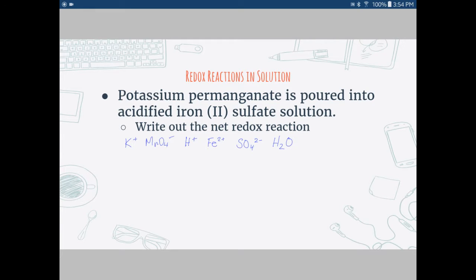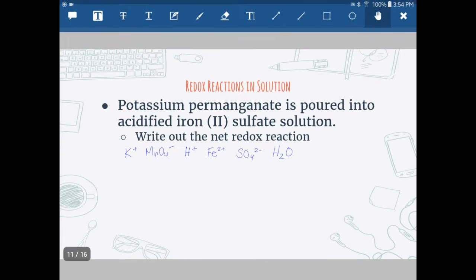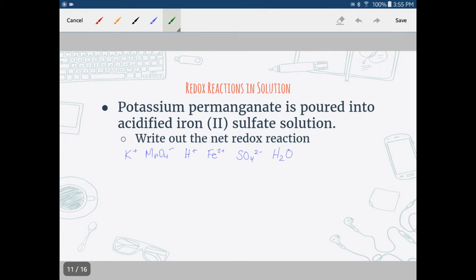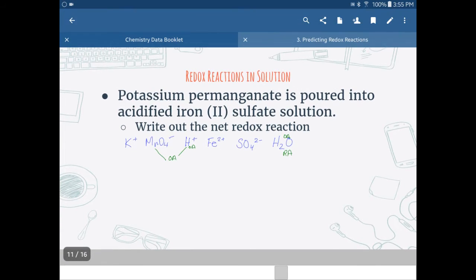So from my previous example, I already know that my permanganate and my hydrogen ions form an OA, and this is also an OA, and I know that I have an OA and an RA when it comes to water. The rest of them, I can take a look at my data booklet and check it out.